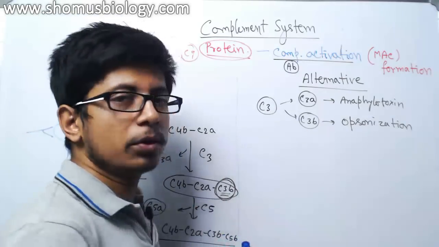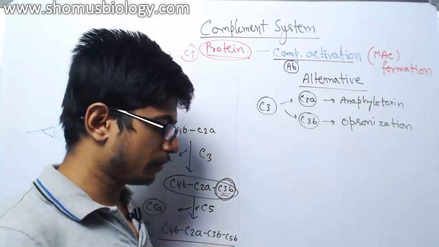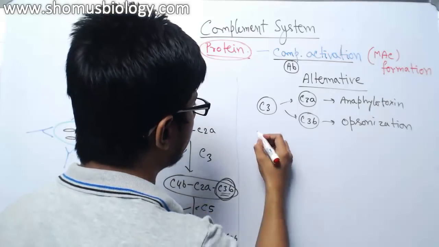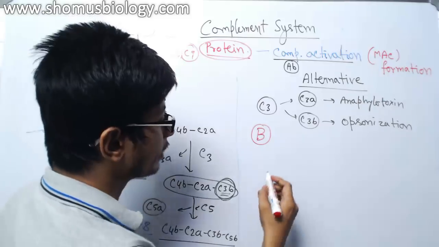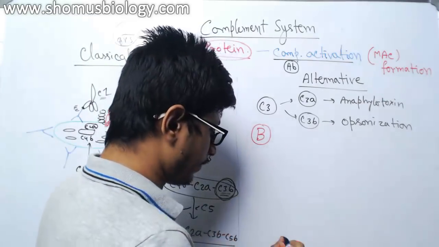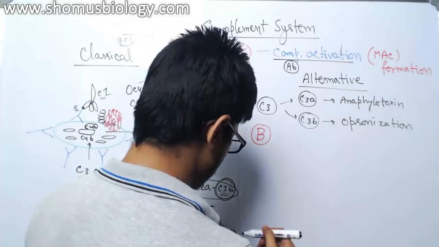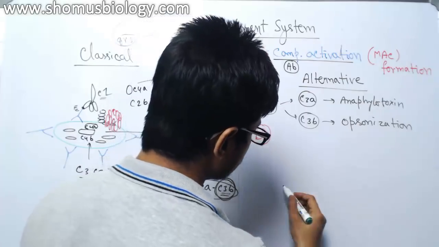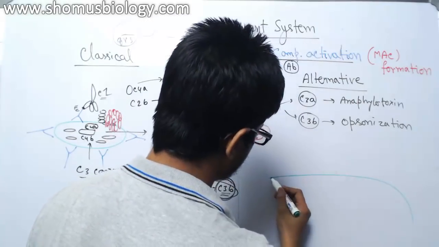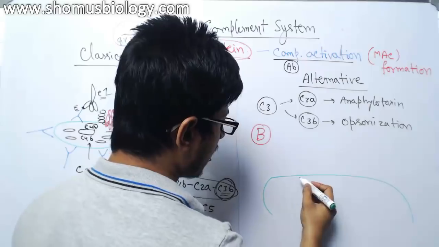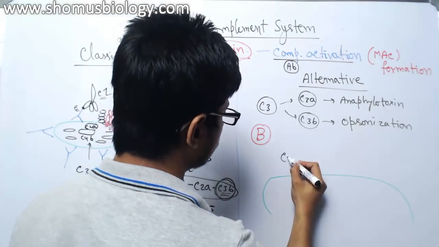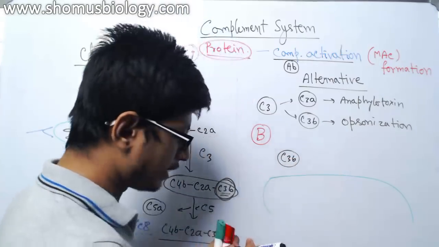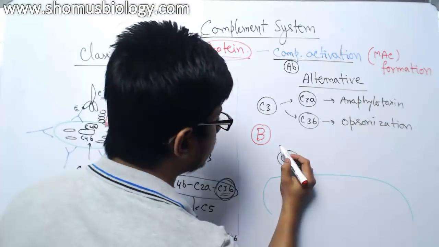Now it will recruit one specific factor known as factor B. Now C3b will be associated with factor B. For example, let's say this is the surface of a bacteria, and here comes C3b. C3b is now attached with this factor B.